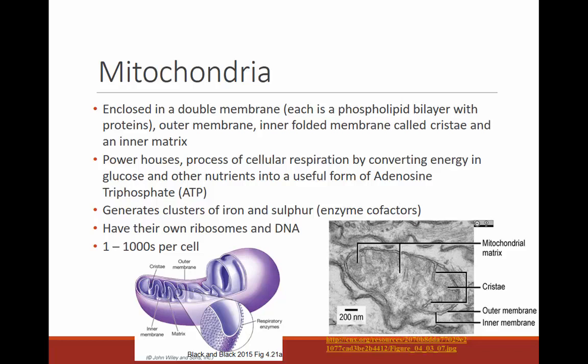Now the mitochondria, this is where you get energy being produced. It's enclosed in a double membrane, so once again it's a phospholipid bilayer, and it's got proteins, so it's very similar to the external cell membrane. But what happens inside, you've got a lot of these cristae, invaginations of that membrane, and this is where you get the cellular respiration occurring.